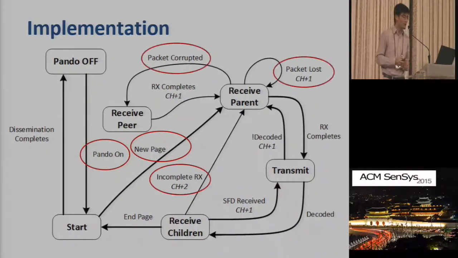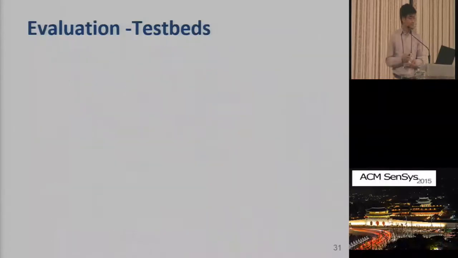Here, I want to point out that we have some fault tolerance mechanisms. For example, if a packet is lost or corrupted, or the reception of one packet is not complete, we have some mechanism to keep the nodes on the fast pipeline instead of dropping off the pipeline. You can find the details in the paper.